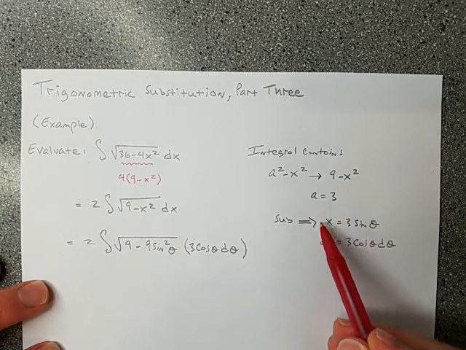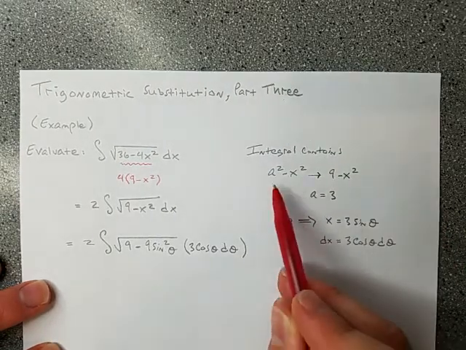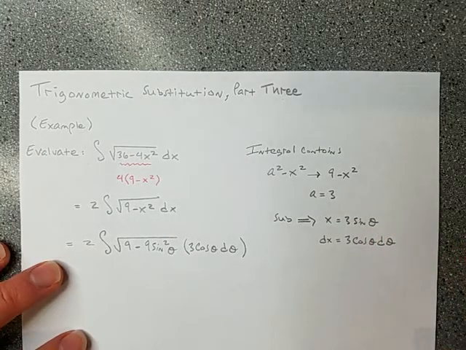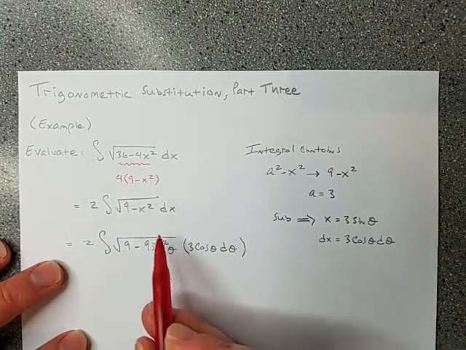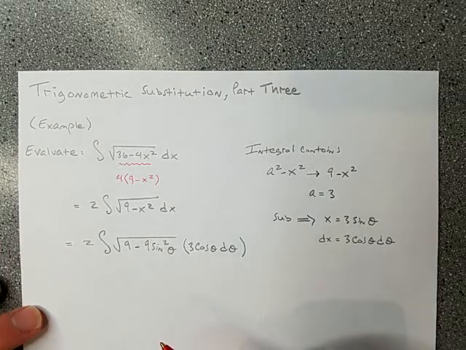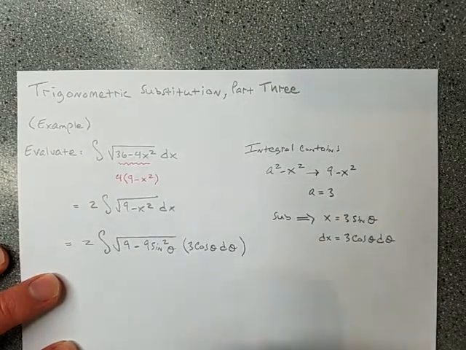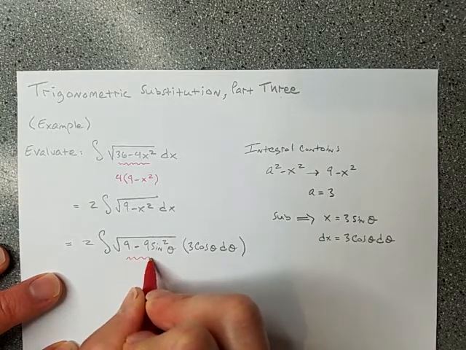When you substitute sine, in this case of the difference of squares, then you'll use the identity 1 minus sine squared at some point. You can expect that. Here I've got 9 minus 9 sine squared. So let's do a little bit of breakdown on that.